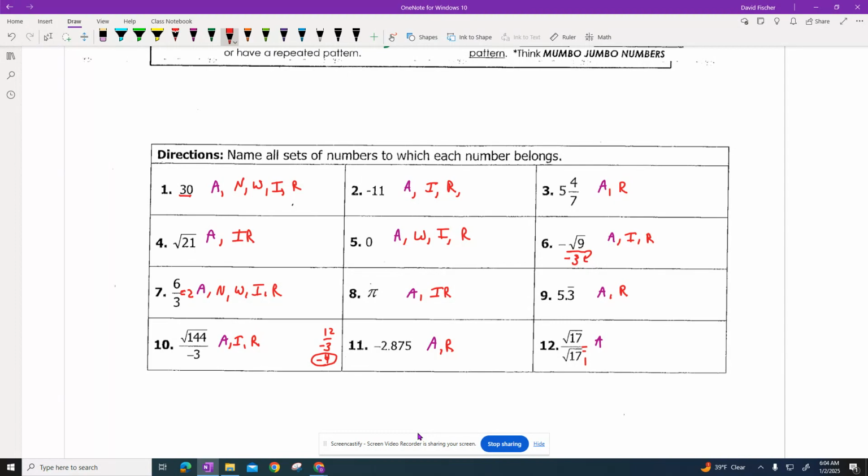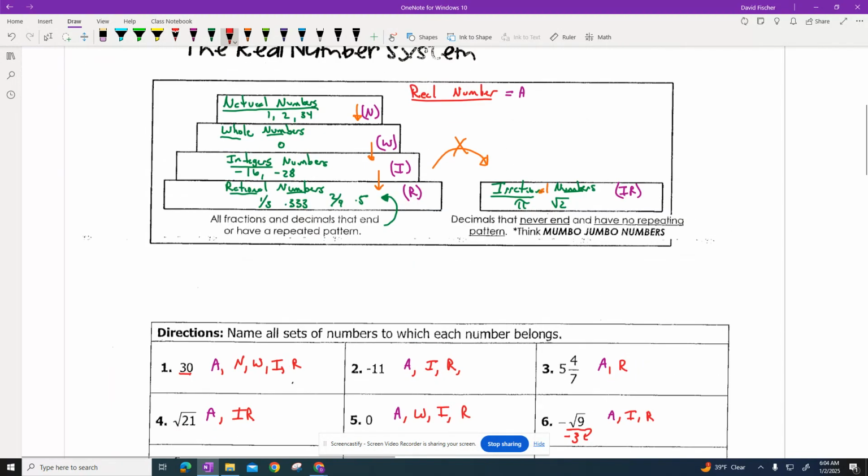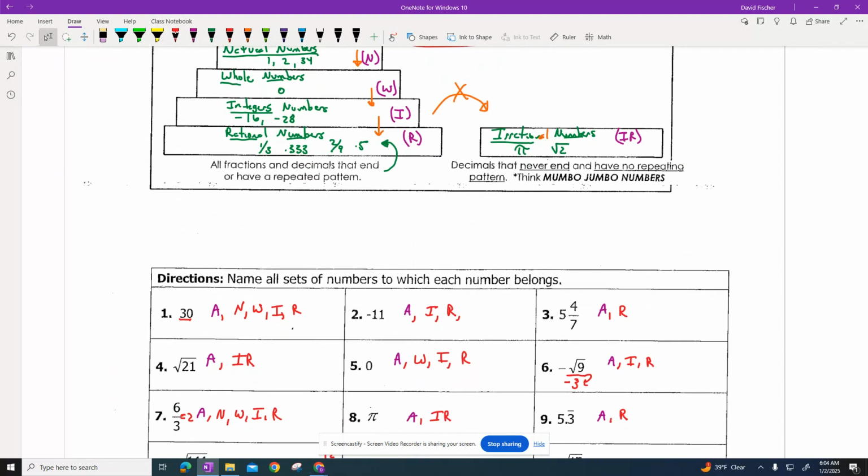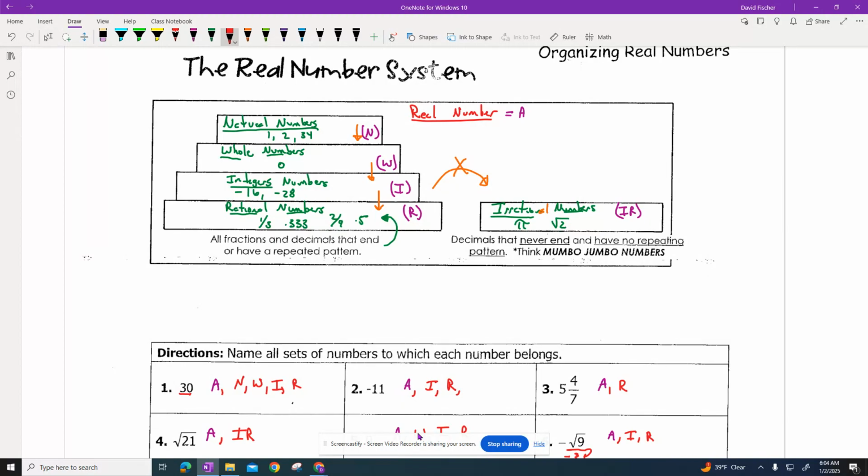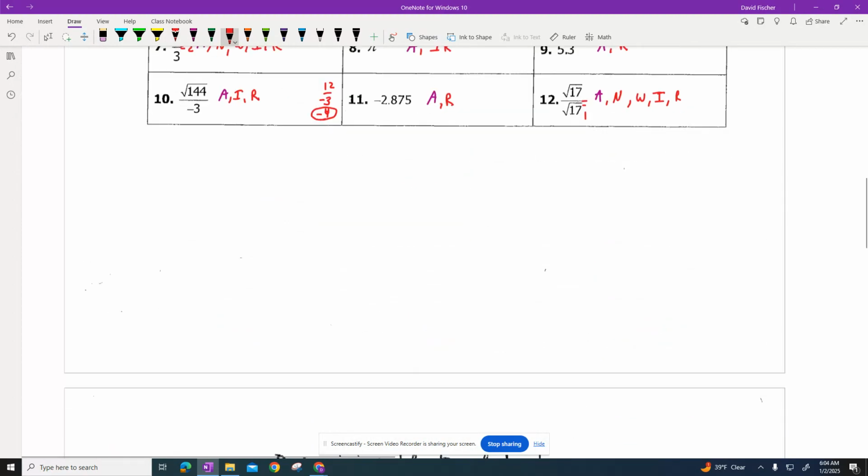So after all real numbers, I know this guy starts at the top, that he's a natural number, he's a whole number, he's an integer, and he's also a rational number. It's all of the boxes on the left-hand side up here in our notes. All right? So a lot of times, again, kids will draw this real quick on the edge of their paper somewhere. Okay? And then they can just use it to answer all these questions.